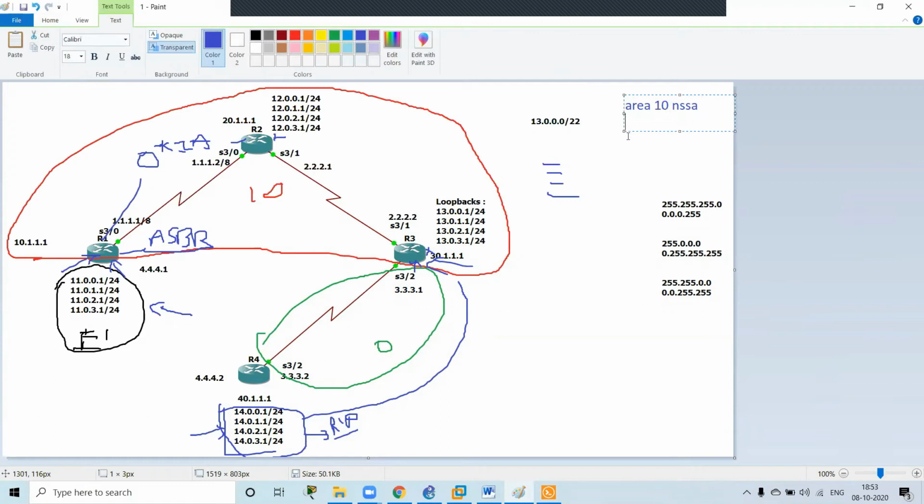But on my ABR, I will give a command: area 10 NSSA, no summary. What was the command? No summary. Area 10 NSSA, no summary.